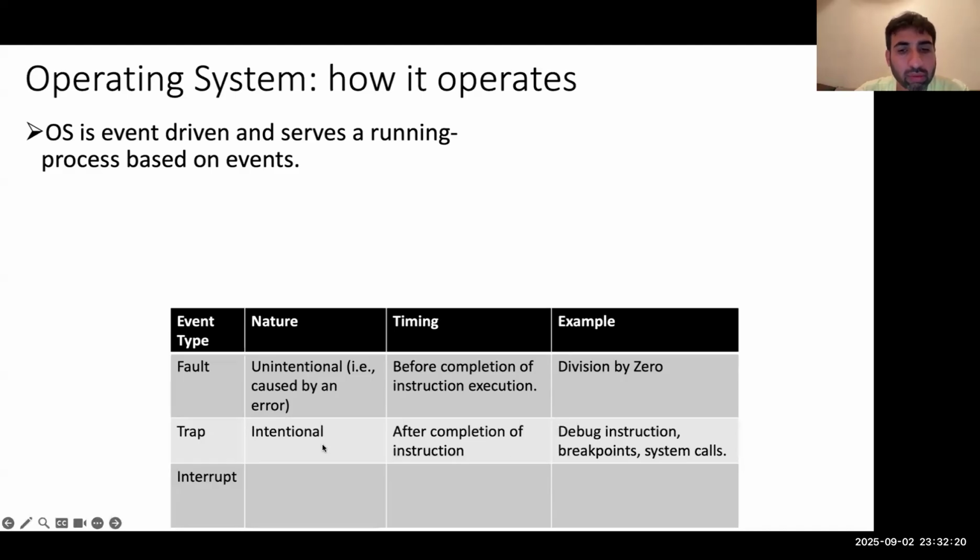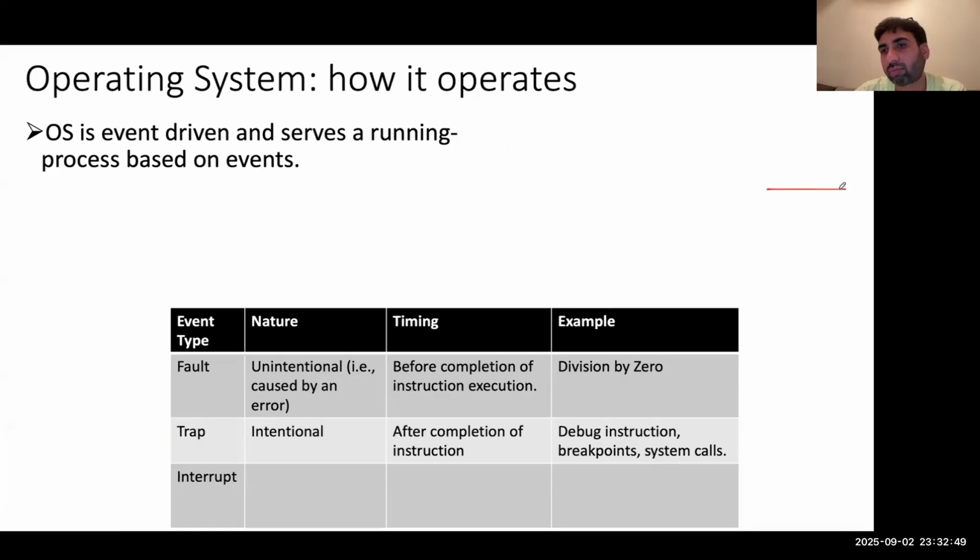A trap is intentional, and it appears after the completion of the instruction. In your program, you can intentionally put instructions which result in the occurrence of an event of type trap. For example, if you want to debug your program, let me again draw something.